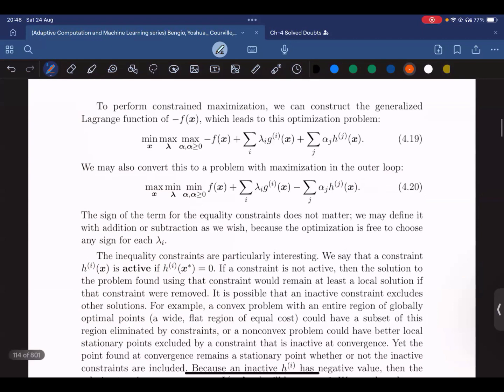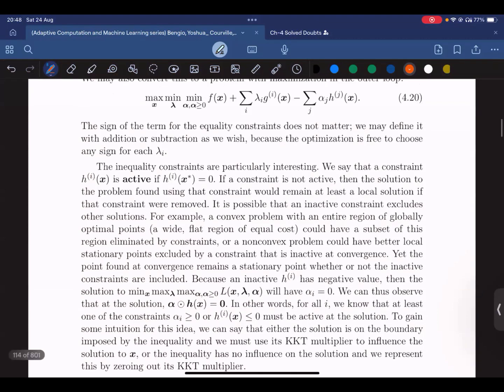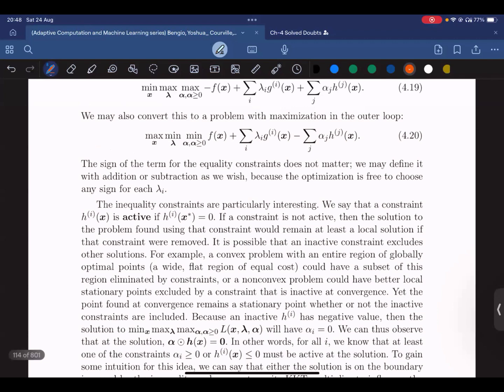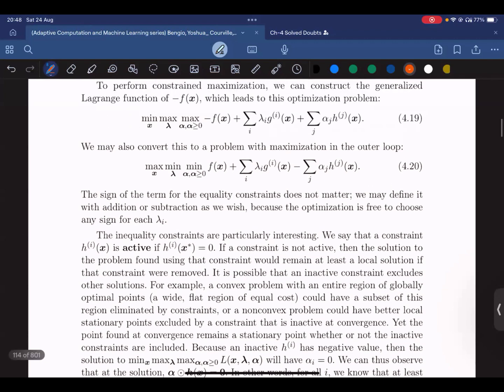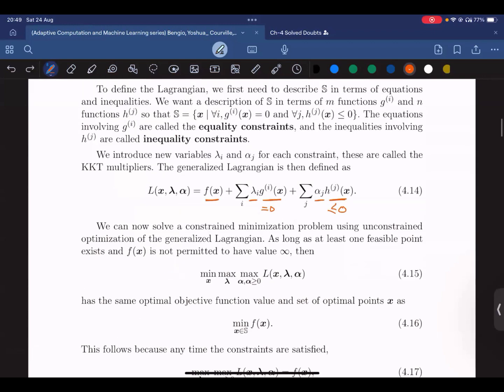I think this is it. And here they have discussed that we say the constraint is active if this quantity is equal to 0 for some x star, where we have found some solution x star.